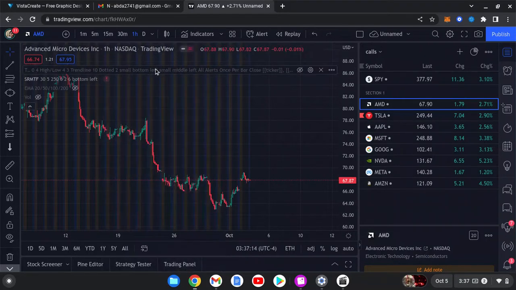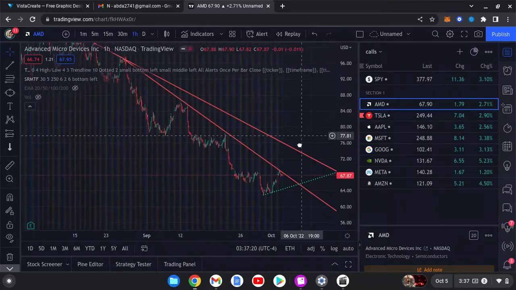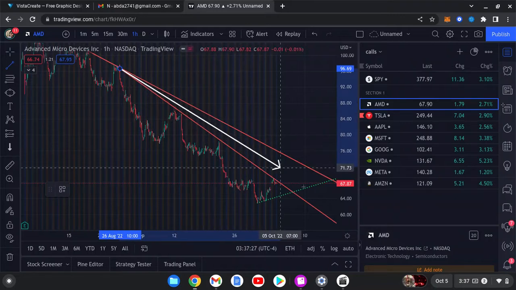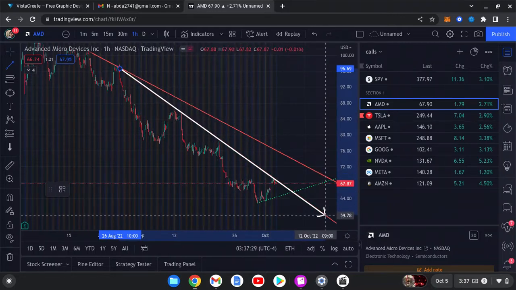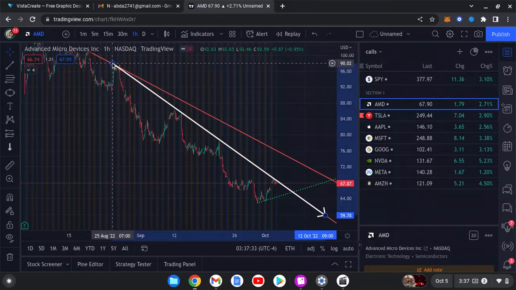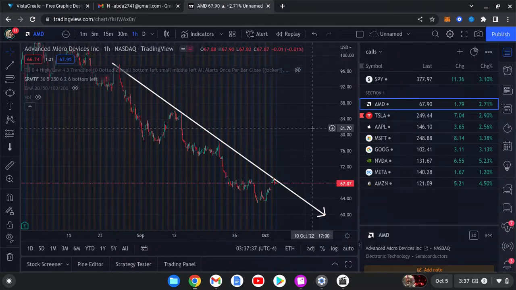So I look for the trend on the 1 hour. And we can see that even though we've been having a couple of bullish days, the overall trend on most stocks, especially tech stocks, is a downtrend. So we can see this downtrend on AMD on the 1 hour time frame.